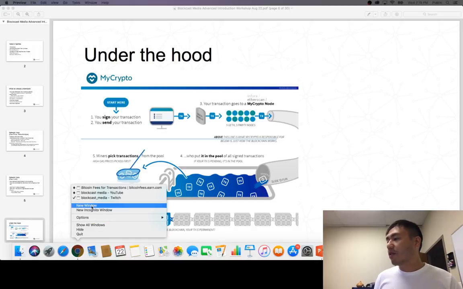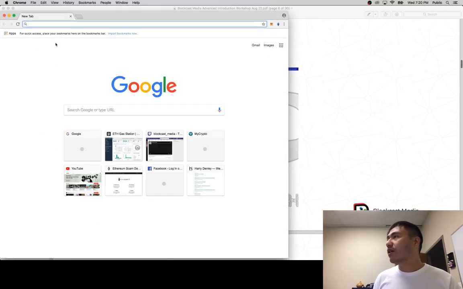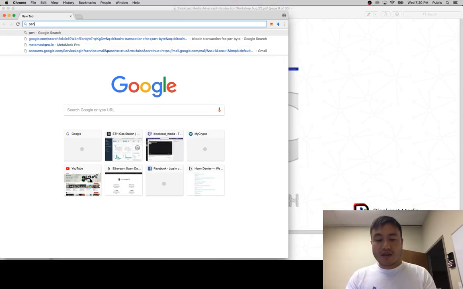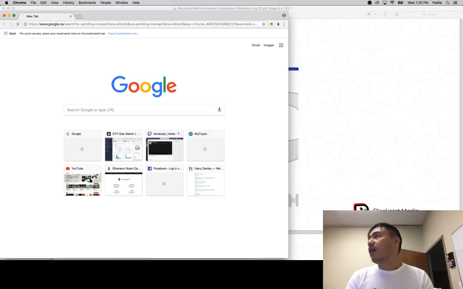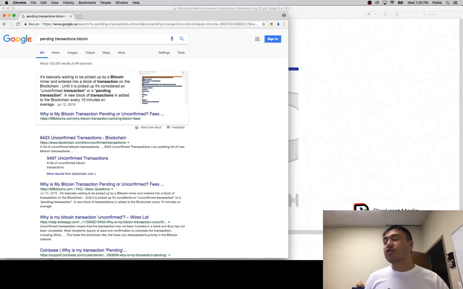It's very interesting. We'll try to Google this quickly, but you can definitely see what the pending transactions are in something like Bitcoin and Ethereum. I would say Bitcoin is usually a better example because it is a slower network, so you'll probably see more unconfirmed transactions here.